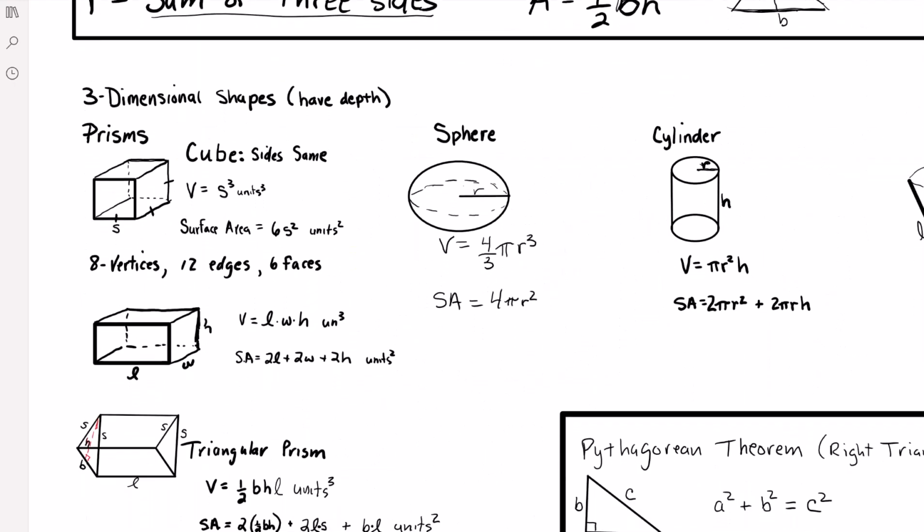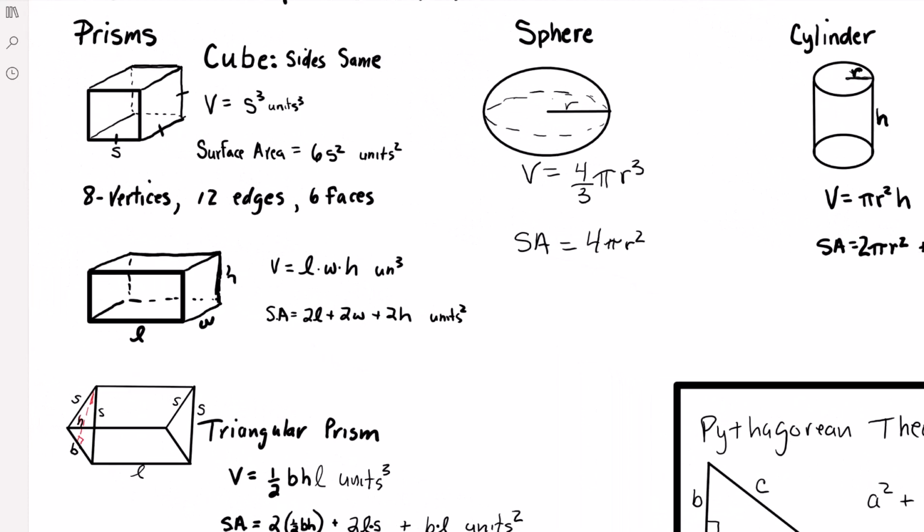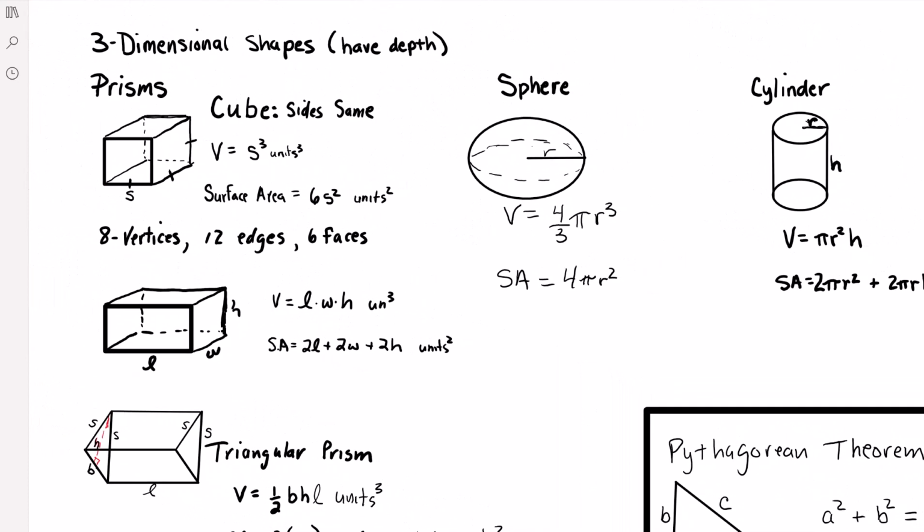Let's see. For volume, it's just the area formulas times the third dimension. So it's the area of this square. If this is a cube, the area of this square is side squared. So the volume would be side cubed, because this side is also the same if it's a cube.